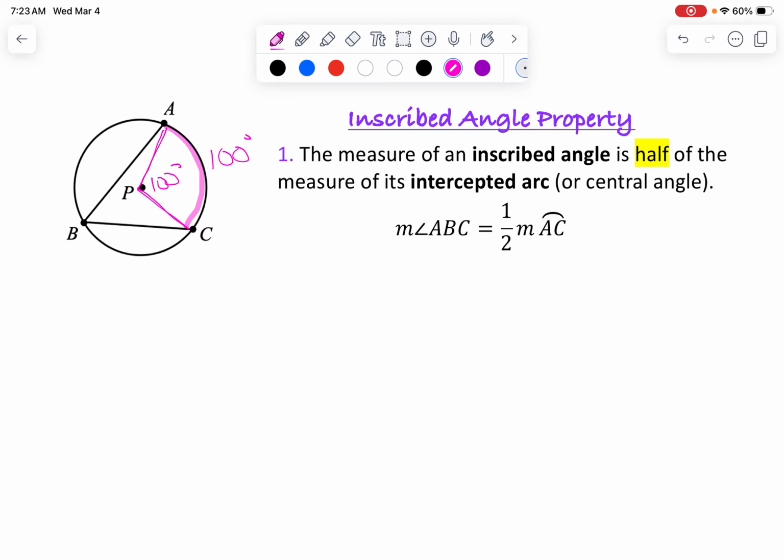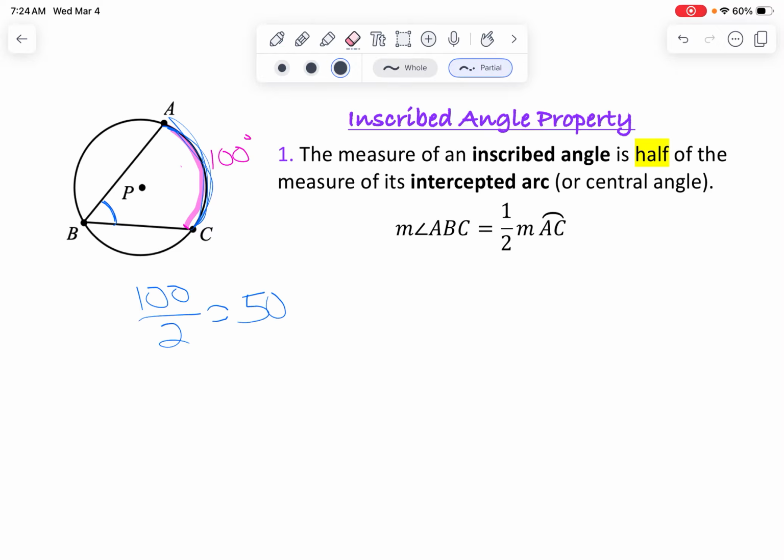Okay. But what this is saying is that this angle right here is half of this arc right here, right? Arc AC. So half of 100, right? So if I go 100 divided by 2, I get 50.